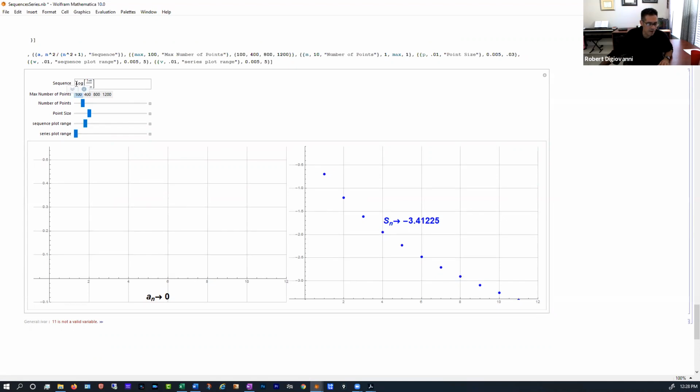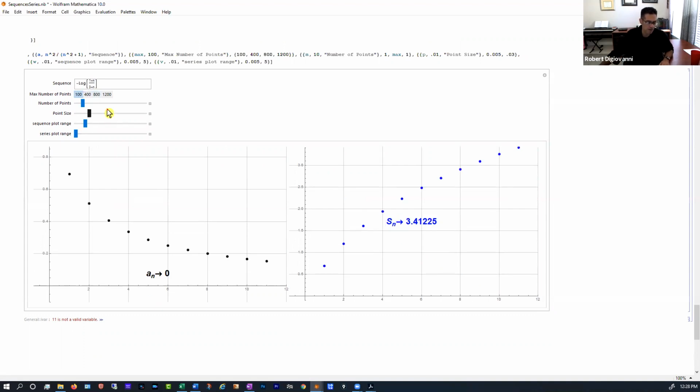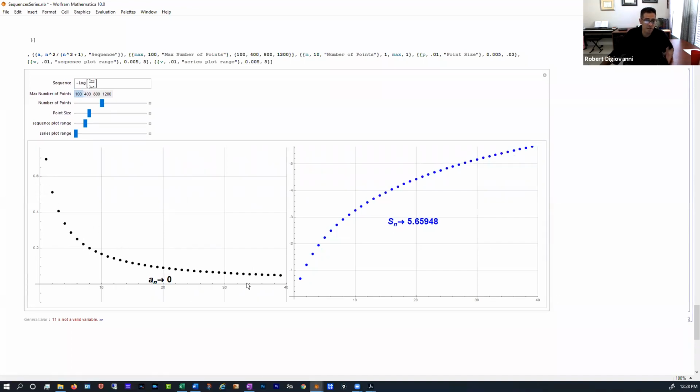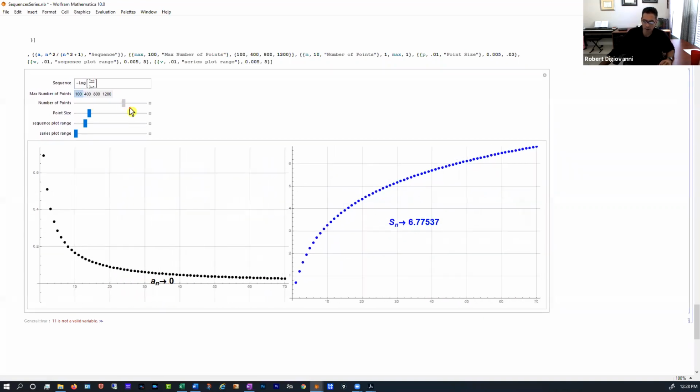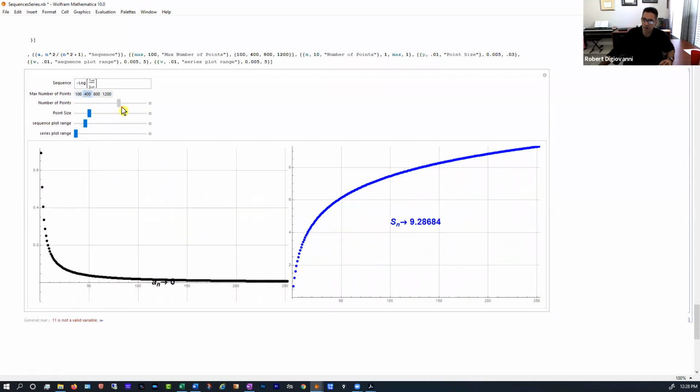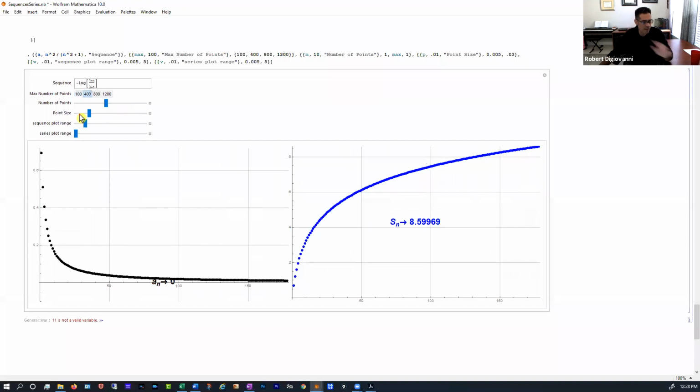Okay, I'm going to have to pause and change it because it won't show up on my graph. There we go. Okay, so we did the pregnancy test and we saw that the sequence was going to 0, right? But look at the sum. It's blowing up, right? No matter how far out I go, it just keeps getting bigger and bigger and bigger. Now it's negative, but I changed the function so it would show up here. But yeah, it's diverging. That makes sense?